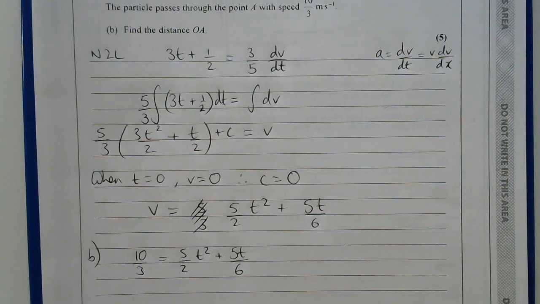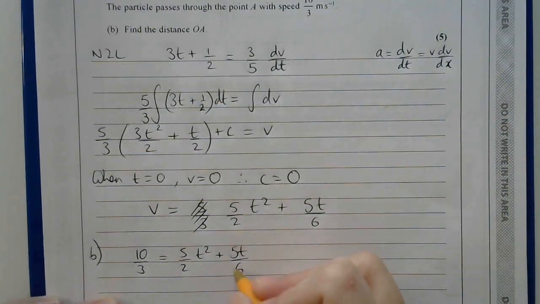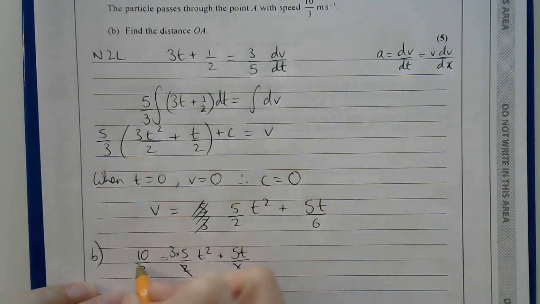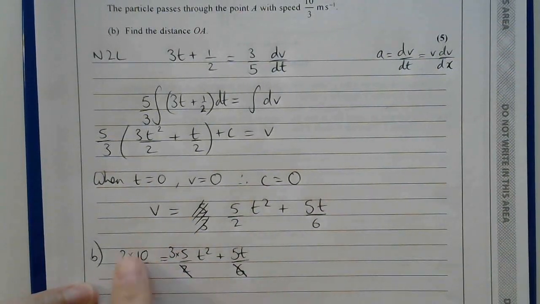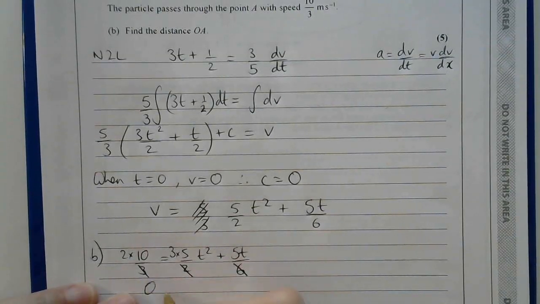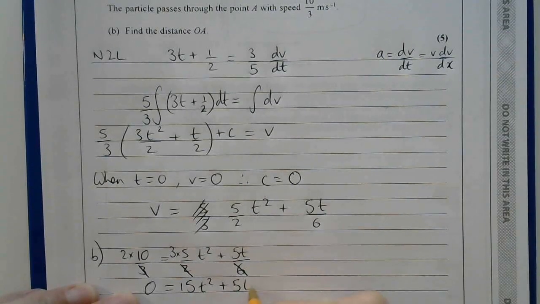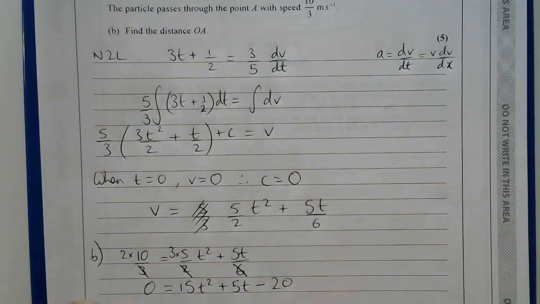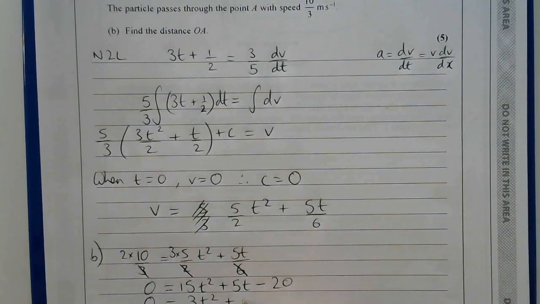So if I multiply everything by 6, that will go there, I'll be left with a 3, and here I'll be left with a 2, and then subtracting 20 I end up with 0 is 15t squared plus 5t minus 20, and I can divide everything by 5. I should have divided it by 5 there really, but anyway. Okay, so I end up with 3t squared plus t minus 4.